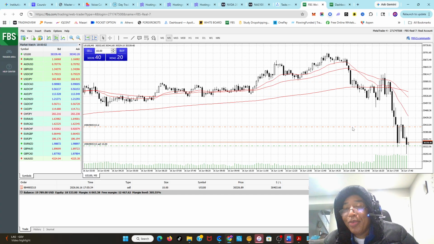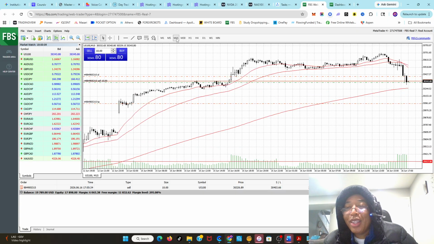Okay, so now they decide to go up. Yeah, they took our stop loss and then they decide to go up. Yeah, they took all these liquidities here. There was quite a bit here, and now they're coming back.